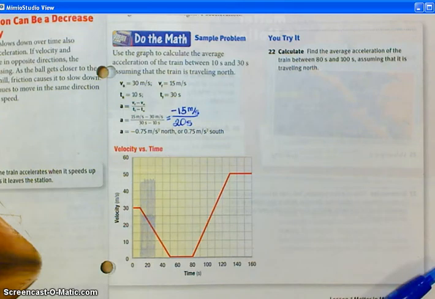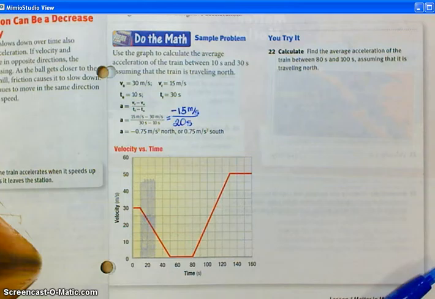Remember that our average acceleration is the difference in velocity divided by the difference in time. And a velocity versus time graph shows acceleration. Remember a couple of pages ago we did distance versus time graphs, which showed speed. Okay, so now we're going to do a velocity versus time graph, but they work kind of the same way.